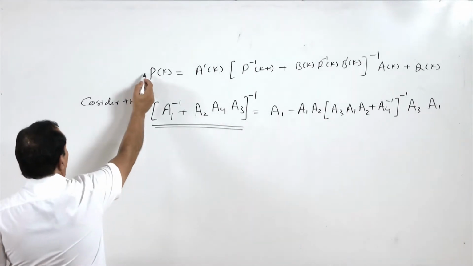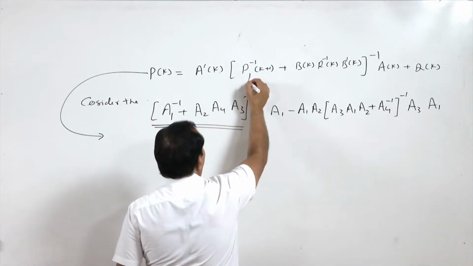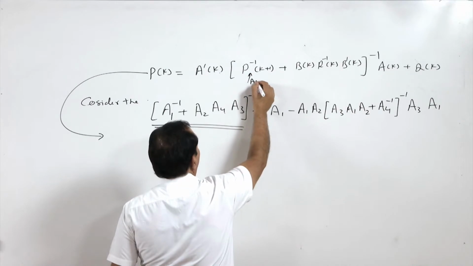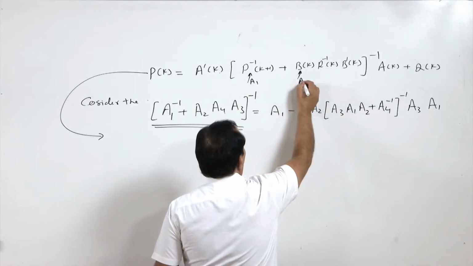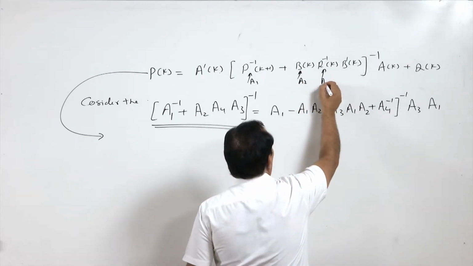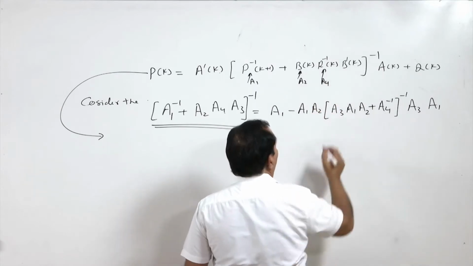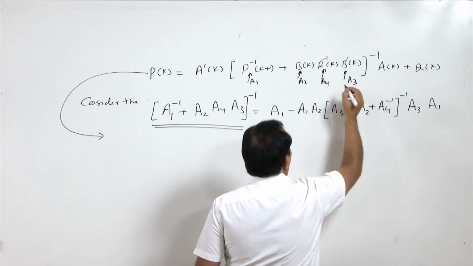So, in my Riccati equation, I consider this P inverse matrix to be A1, B I take as my A2, R inverse I take as my A4, and B prime k I take as my A3.